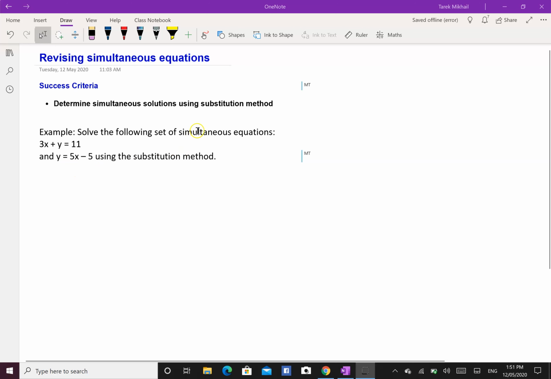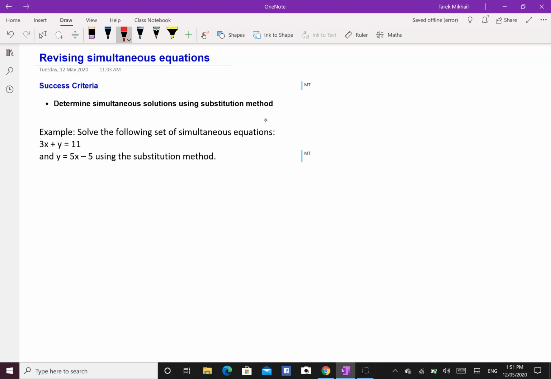To solve these equations, we need to find the value of x and the value of y. So what does x equal and what does y equal? I'm going to rewrite those equations and call them equation 1 and equation 2.